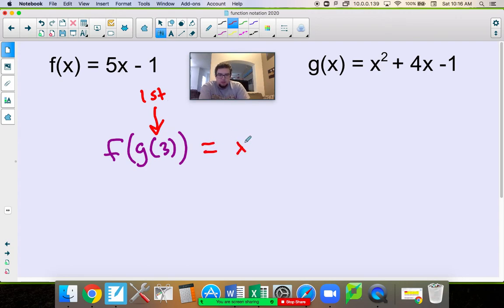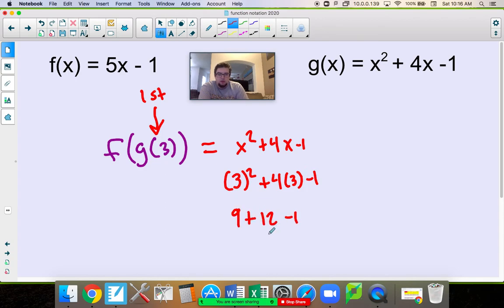So x squared plus 4x minus 1. So I have 3 squared plus 4 times 3 minus 1. So I get 9 plus 12 minus 1. So that's 21, so 20. So if I plug in 3 to g, it spits out 20.